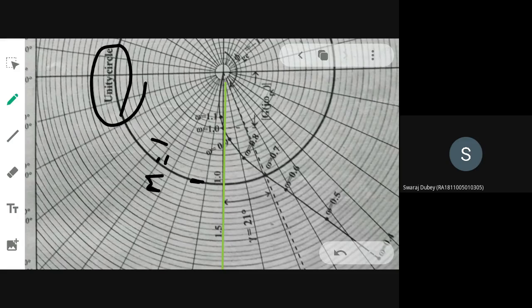So wherever the magnitude becomes equal to 1, the corresponding circle is called what circle? Unity circle. Others also you have to tell me, because based upon this unity circle only you will calculate the gain margin and phase margin. So what do you mean by unity circle? A circle with radius 1. The rest also give me the answer. What do you mean by unity circle for a polar graph sheet?